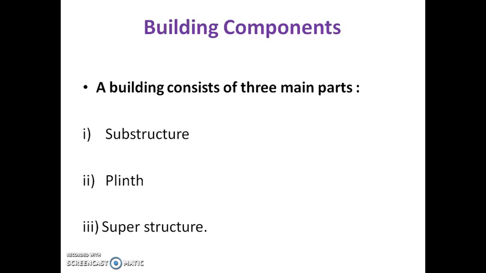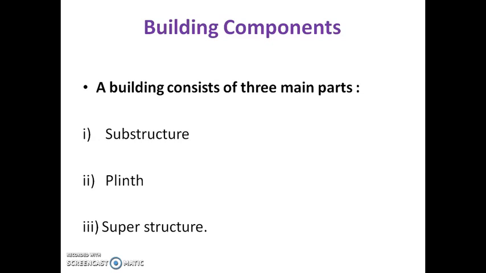Plinth is the differentiating part between the substructure and superstructure. It is normally constructed just above the ground level and immediately after the foundation. It raises the floor above the ground level and prevents surface water from entering inside the building, as well as avoids the entry of reptiles inside the building.